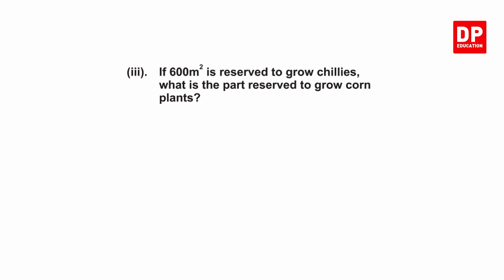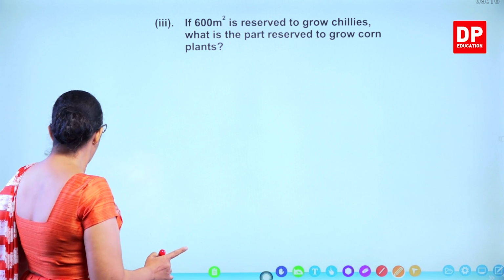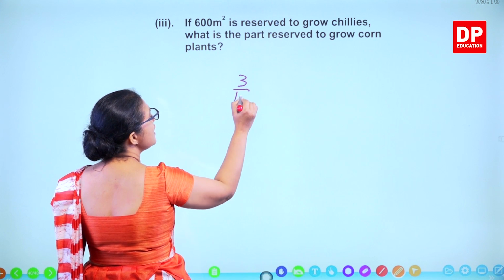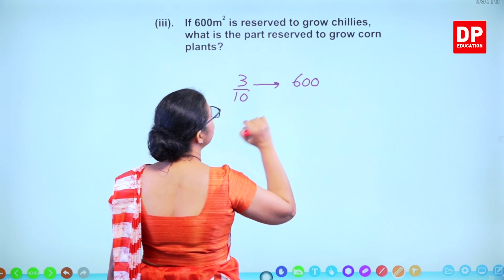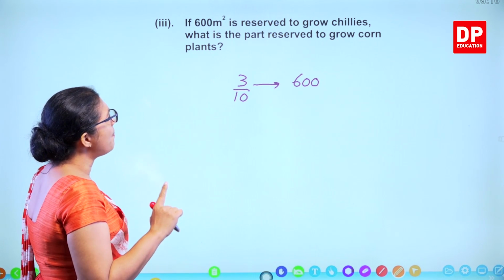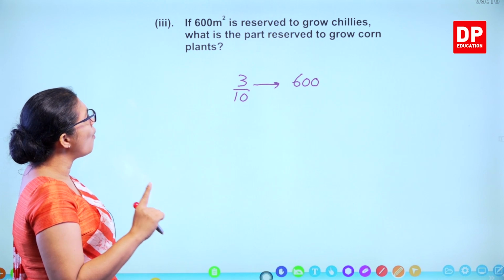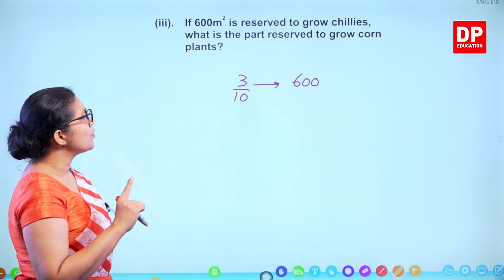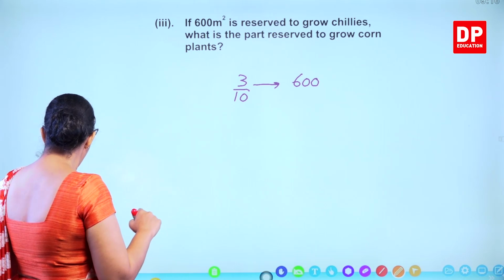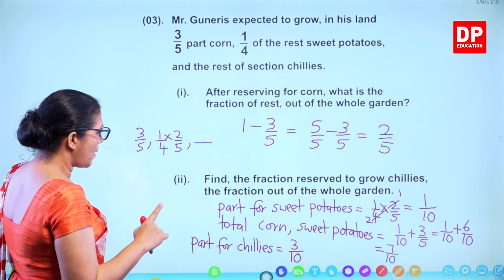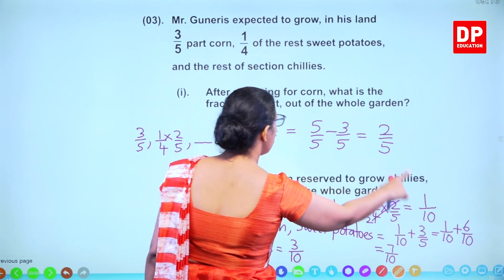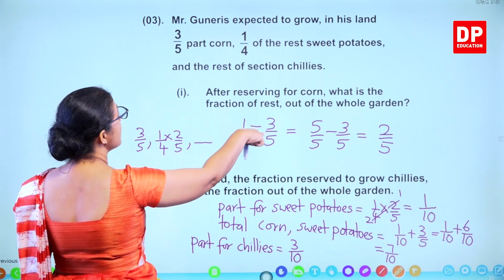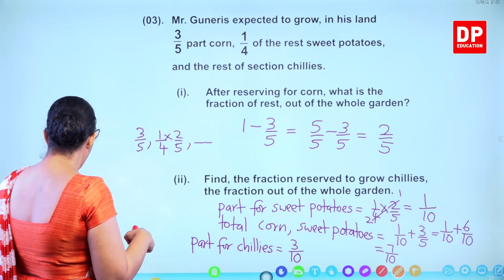Now we'll do this third part. If 600 square meters is reserved to grow chilies, 3/10 we found now represents 600 square meters. What is the part reserved to grow corn plants? So 3/10 is 600. Corn means which part? This one, 3/5. In the first part, it's given 3/5 for corn.